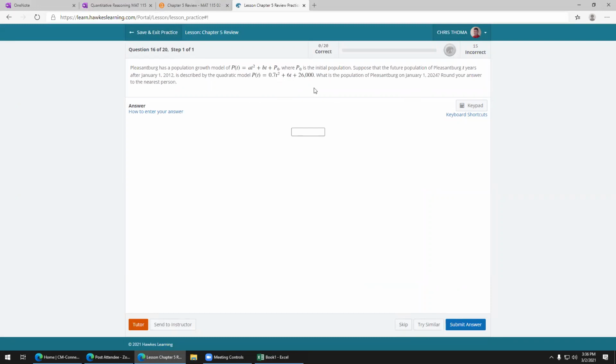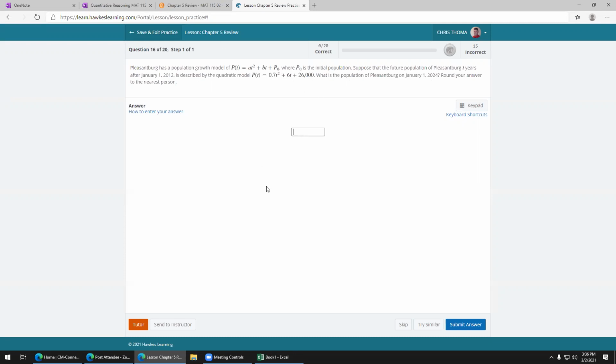But instead of finding out where you'll be, they tell you how many years. So January 1st of 2012 to January 1st of 2024. So 24 minus 12 is 12 years. So T is 12 in this case, and you're just putting 12 in for T and solving.